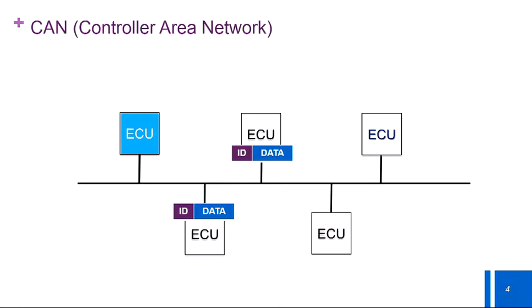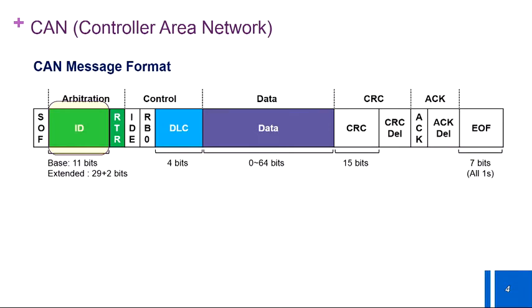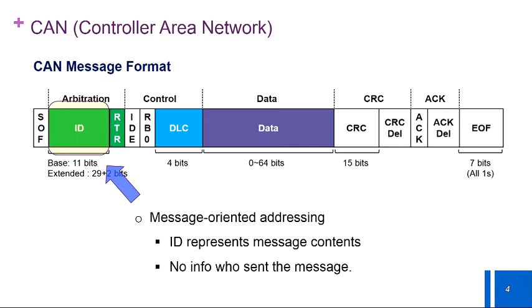If we look closely at those messages, they are actually addressed based on what they contain, not based on the transmitter or the receiver. And each message ID is assigned to a certain ECU to be transmitted on the bus. So what this tells us is that we don't have any information on who is actually sending that message.